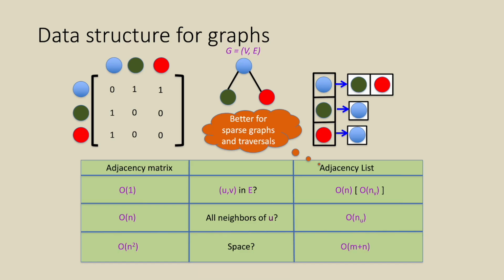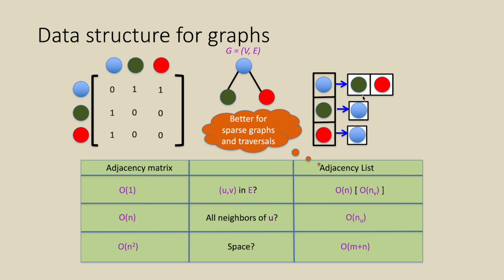For the same reason, the adjacency list representation usually uses less space to store the data. It takes big O of m plus n space. M means the cardinality of the set E. The reason for m plus n is we need n lists to represent the neighbors of all the vertices: blue, green, red.